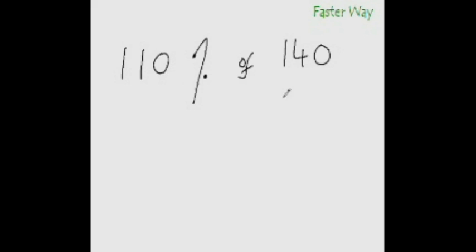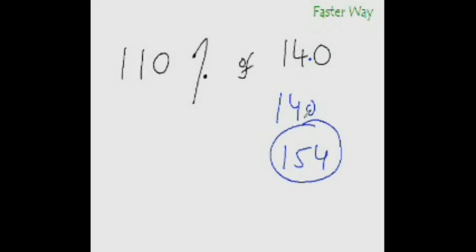So it is 140, and 10% would be shifting the decimal one place, it would be 14, and 140 plus 14 would be 154. 154 is the answer. I have used the jumping 10 technique of addition. See, if you practice these easy cal tricks, I can assure you, you'll be calculating so fast, so smoothly, your mind would be able to crunch the numbers without any effort.